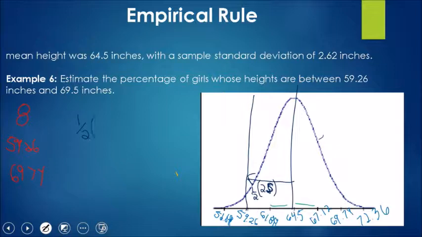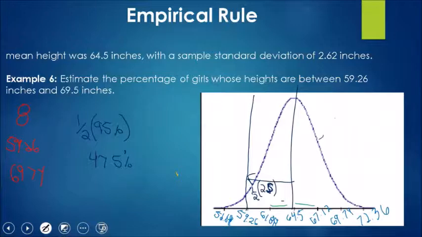So I have to do half of 95% for just that part, which we said was 47.5%. You could also get it by looking at the graph on the very front where we defined the empirical rule, and it shows you the breakdown of the percentages, and just add these 2 first ones together.